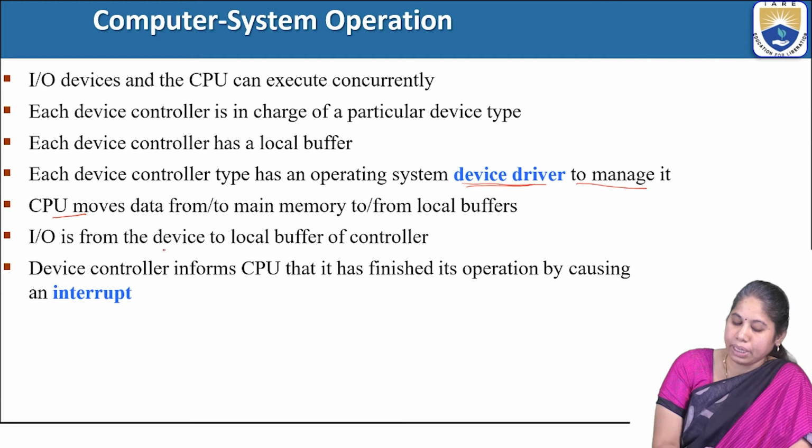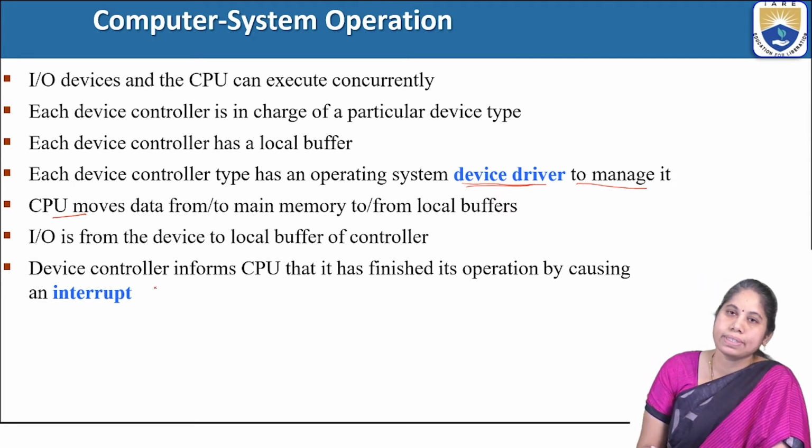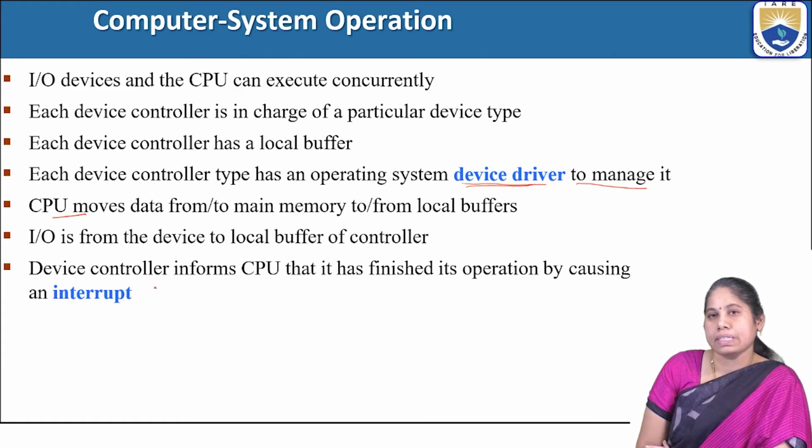And I/O is from the device to the local buffer of the controller. And this device controller informs the CPU that it has finished its operation by causing an interrupt. Because obviously you are going to use the system for certain operations, and this device controller is in charge of particular devices, and inside the device controller are device drivers to manage the different devices.